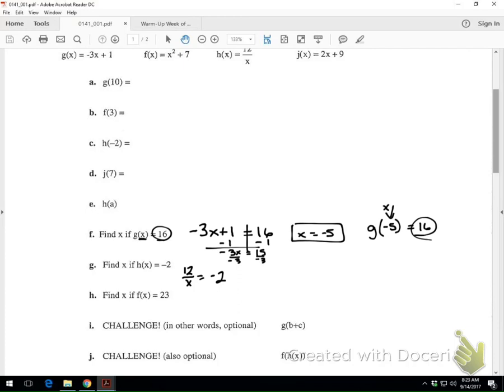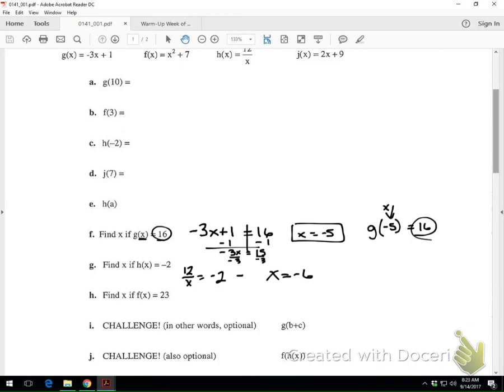You got multiply by 12? Now this one's kind of tricky, so think. 12 divided by something is negative 2. It'd be negative 6, right? So x equals negative 6.